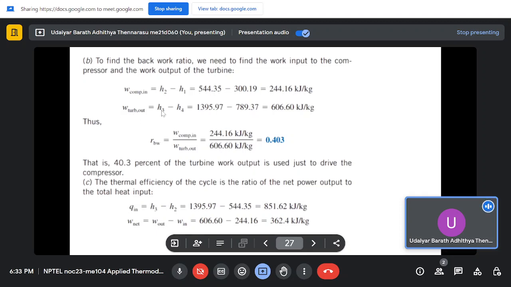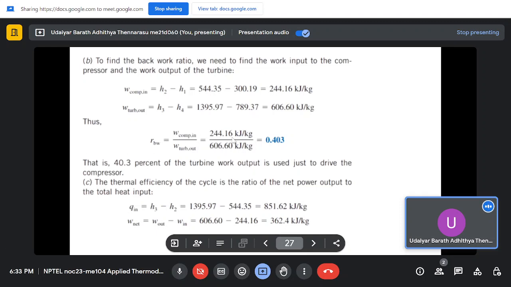The turbine out equals H3 minus H4, so 1395.97 minus 789.37, which will come out to be 606 kilojoule per kg. So compressor in and turbine out are found out. The back work ratio is the work which is given in by the work which is produced, so compressor in by turbine out.